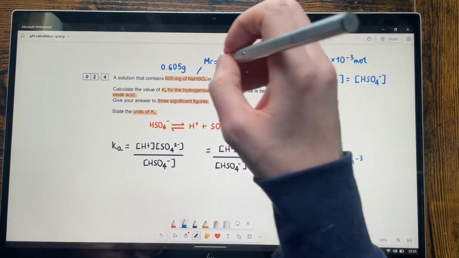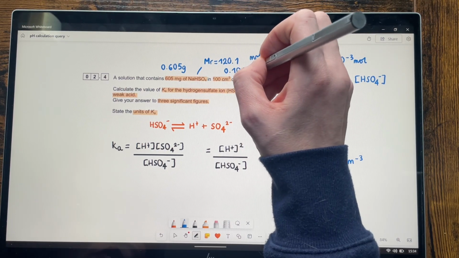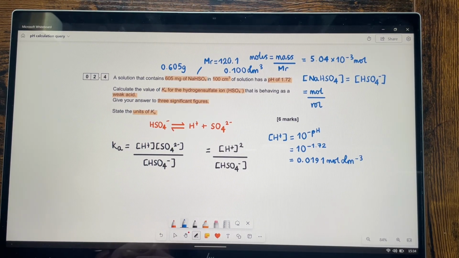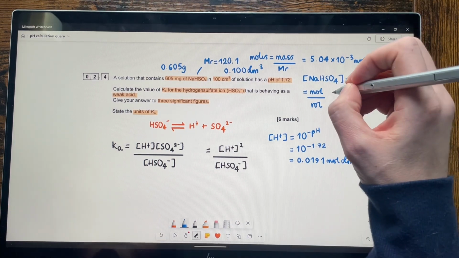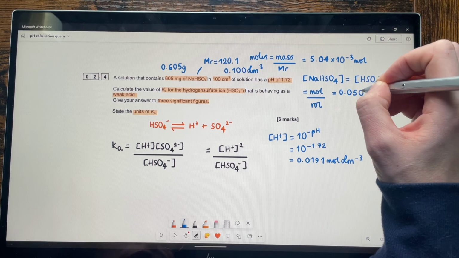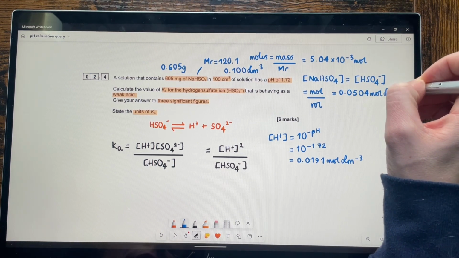Volume should be in decimeters cubed, so that's going to be 0.1 decimeters cubed. We go from centimeters to decimeters by dividing by 1,000. And if I take my moles and divide it by 0.1, we get a concentration of 0.0504 moles per decimeter cubed.